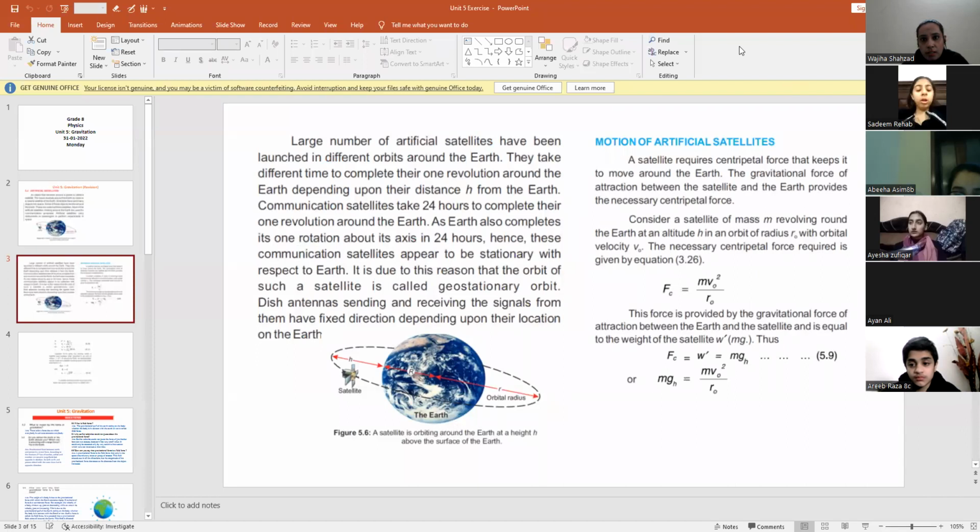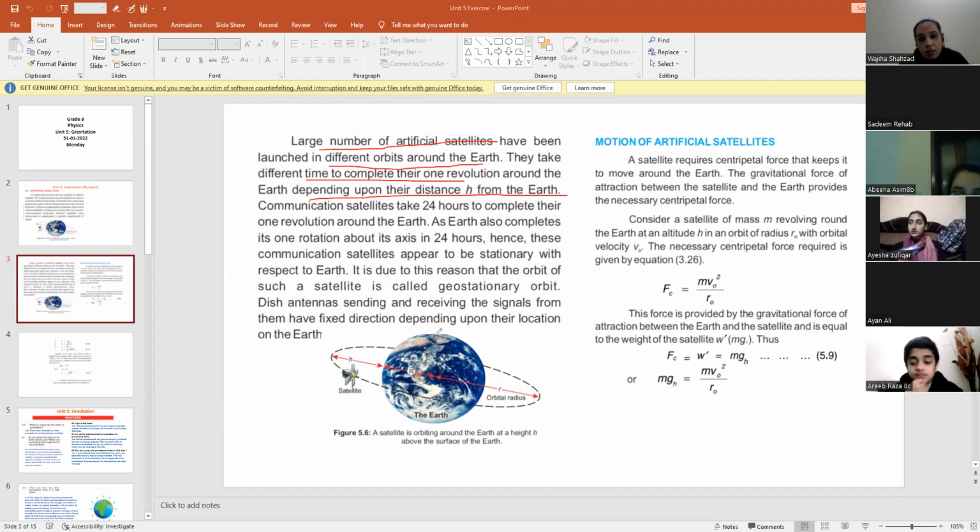Now we will see how many satellites are revolving around the Earth. A large number of artificial satellites have been launched in different orbits around the Earth. They take different times to complete one revolution around the Earth, depending upon their distance h from the Earth. So students, the distance h is very important for satellites revolving around the Earth.